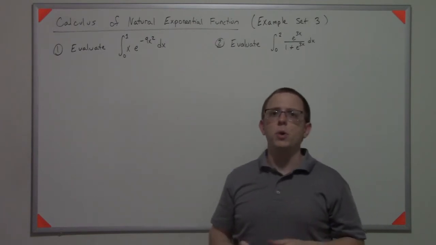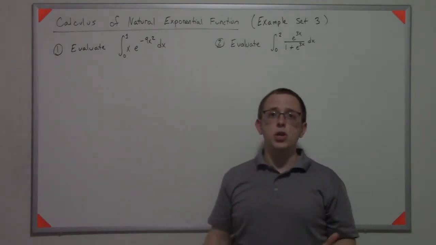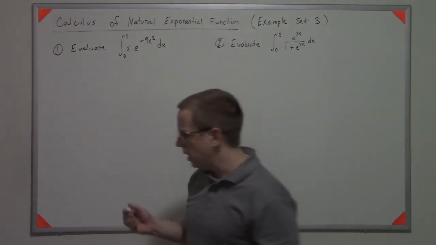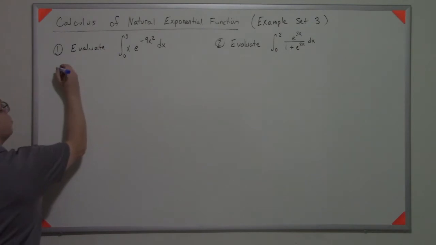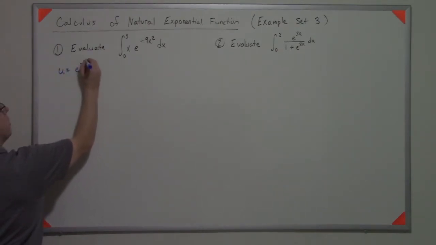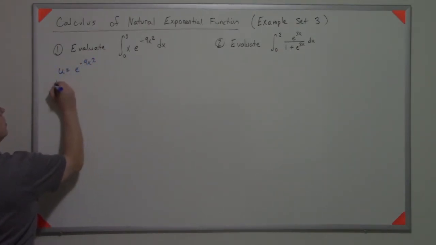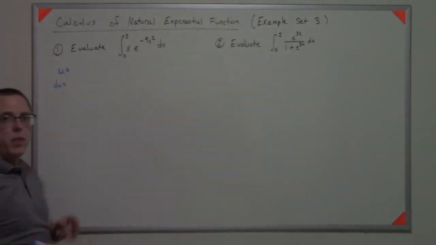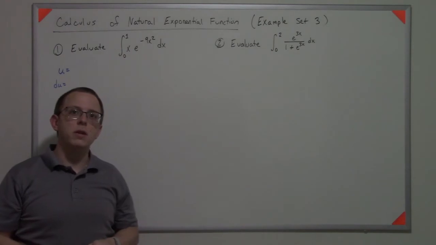So what we're going to do is say, okay, I'm going to let u be the argument for e. That's pretty typical substitution. I'm going to say u equals negative 9x squared. By the way, you could let u equal e to the negative 9x squared.